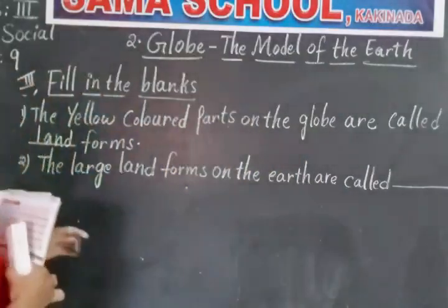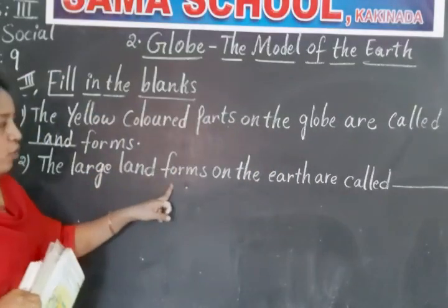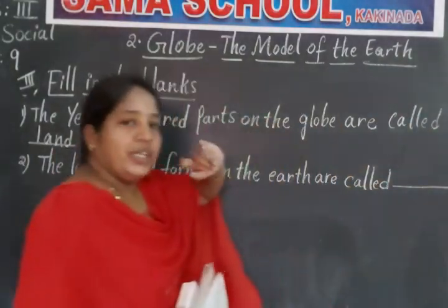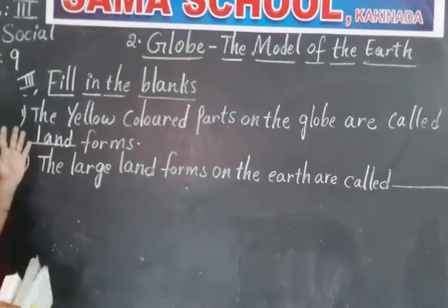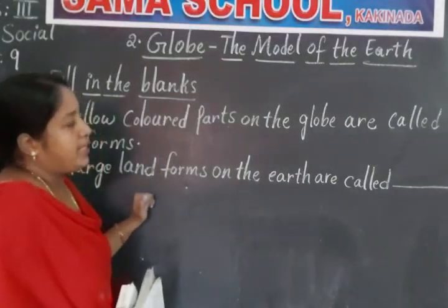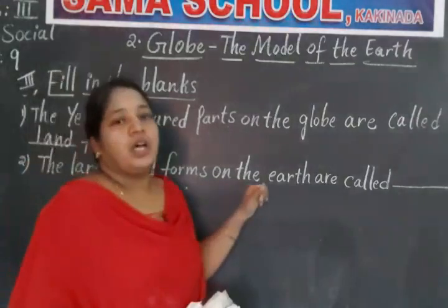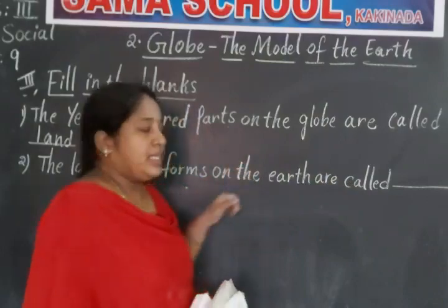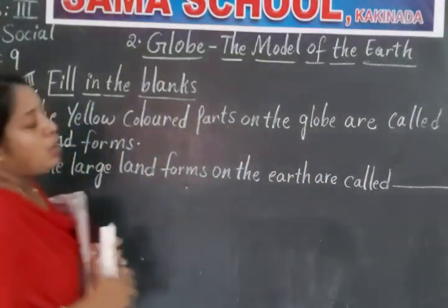See the question carefully. Actually, there are two colors, and the yellow color indicates landforms and the blue color indicates water bodies. So the large landforms are called continents. Large landforms are called continents.